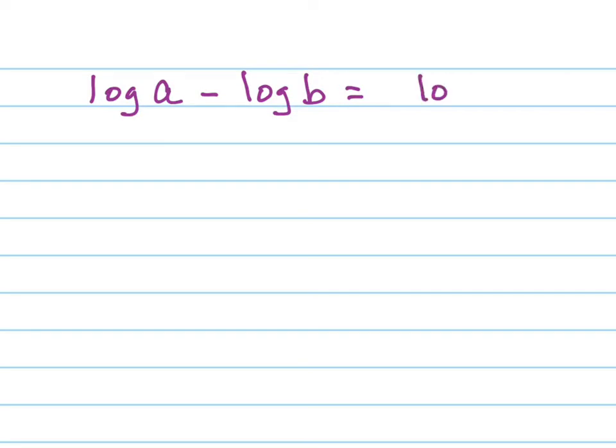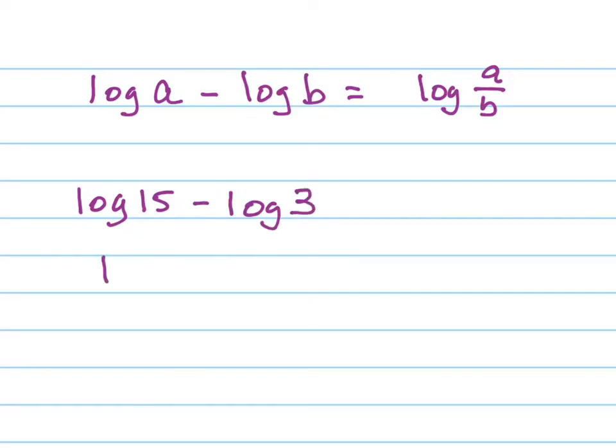So that simply means the log of A divided by B. Okay? All right. And of course you can combine those two operations. So if we have log of 15 minus log of 3, that becomes the log of 15 divided by 3, which is the log of 5.